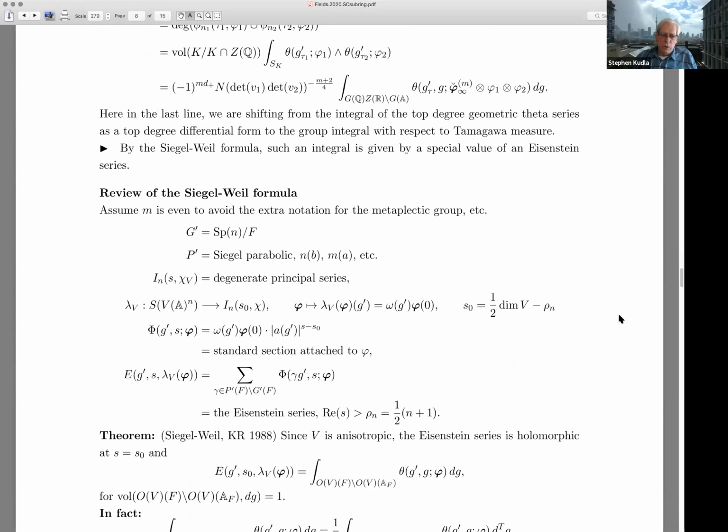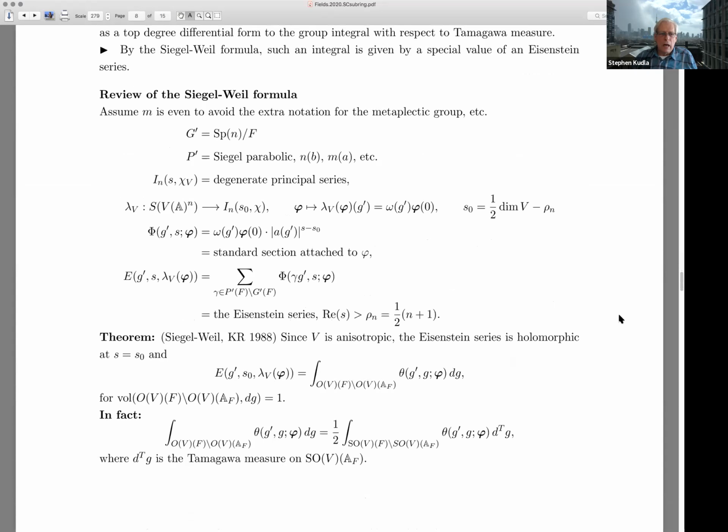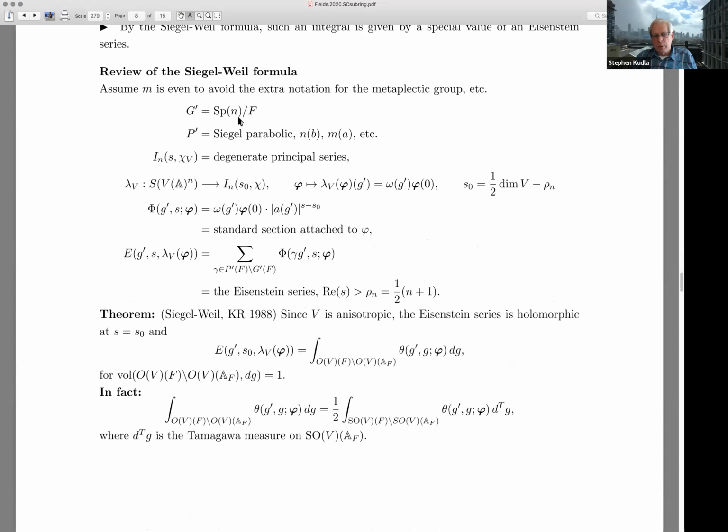So just as a review, I'm going to take G prime to be SPN, the symplectic group of size 2n. P prime is the Siegel parabolic, and it has in it, so these are the block upper triangular guys. I should have written them down here, but I didn't. Maybe I did in the pre-talk. And I look at the degenerate principal series attached to this thing here.